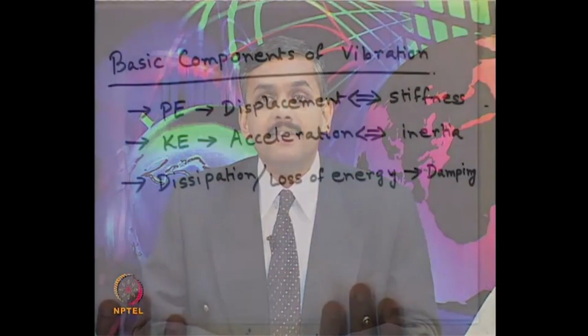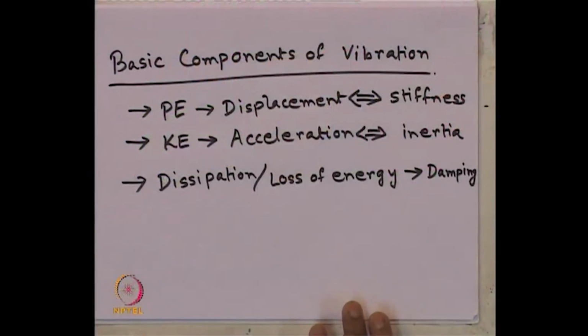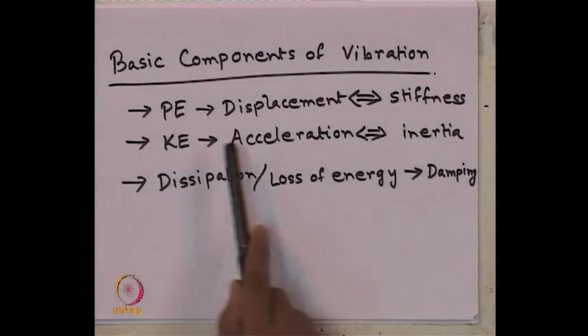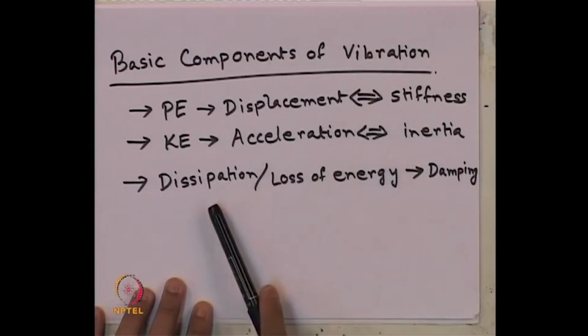Now, let us look at what we have studied in the previous lecture. Let us move back: the basic components of vibration. In the previous lecture, we have seen there are three basic components of vibration. One is potential energy, in which displacement and stiffness are related to each other.